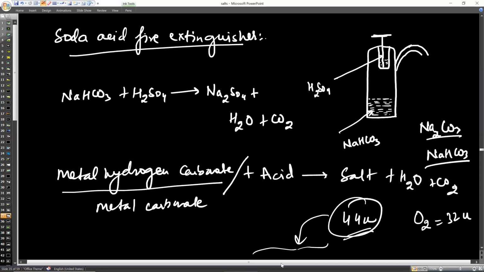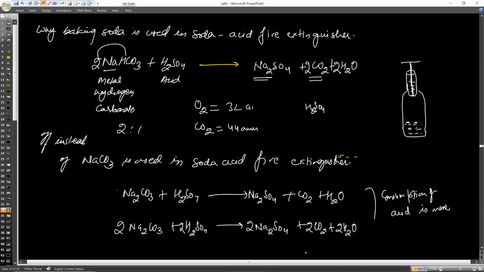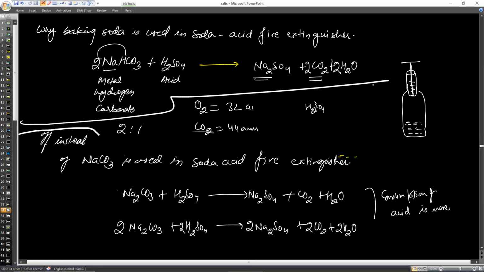Got it? So it is used in the soda acid fire extinguisher. Note it down, only this one, up to here, because here the carbon dioxide is being released.